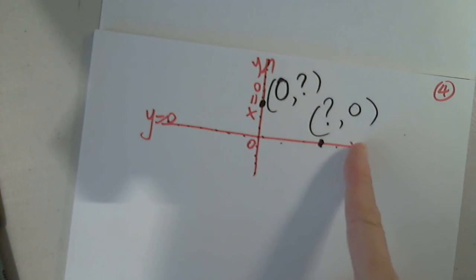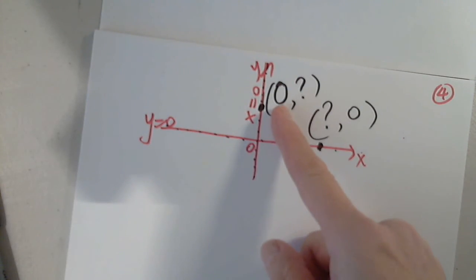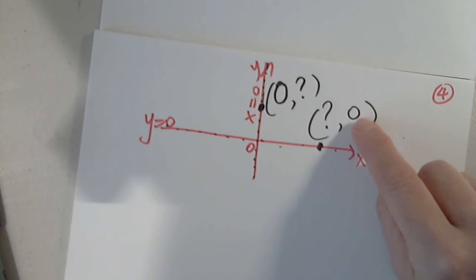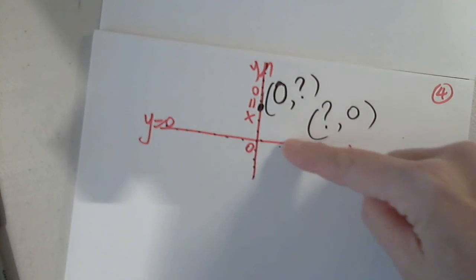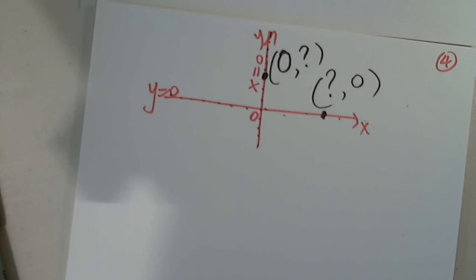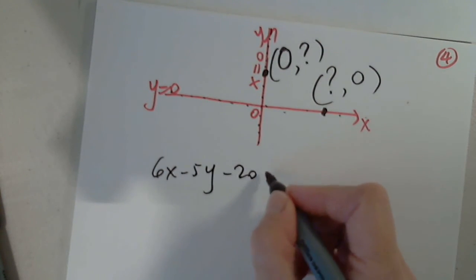So, keeping that in mind, when I plug in 0 for x, I determine the y-intercept. When I plug in 0 for y, I determine the x-intercept. And that's what we are going to do there. Please do not solve for y. That's a total waste of time.